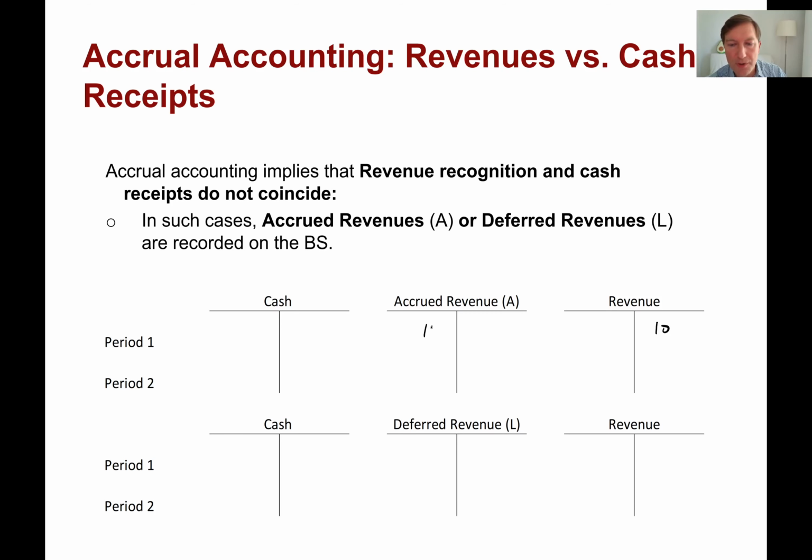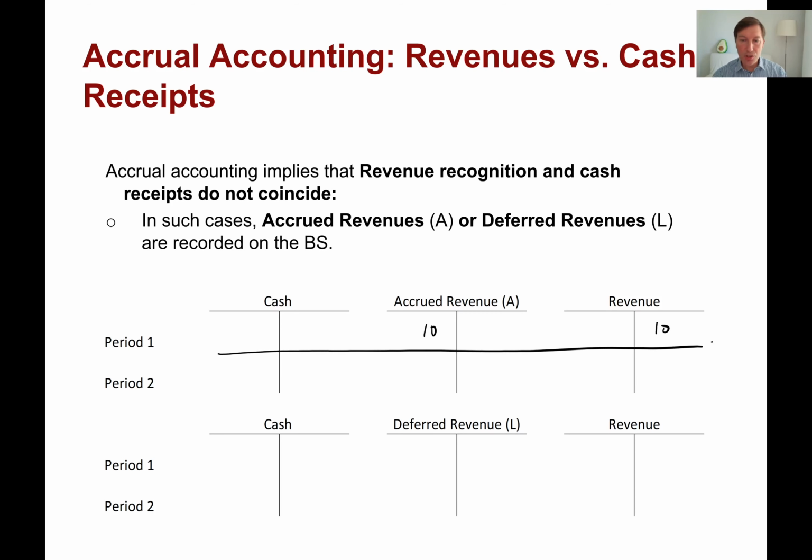So we have to book accrued revenue. Accrued revenue is a general label for an account. Accounts receivable is a type of accrued revenue; interest receivable or dividends receivable would be other examples of accrued revenue. Okay, so that's what would happen in period 1 if we didn't receive cash.